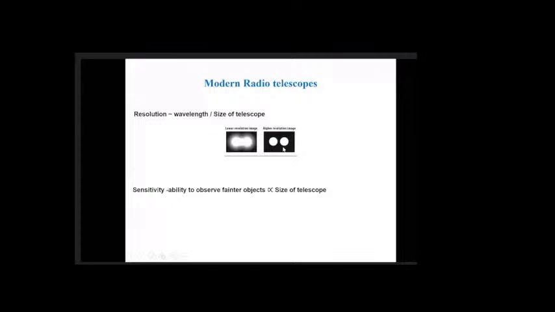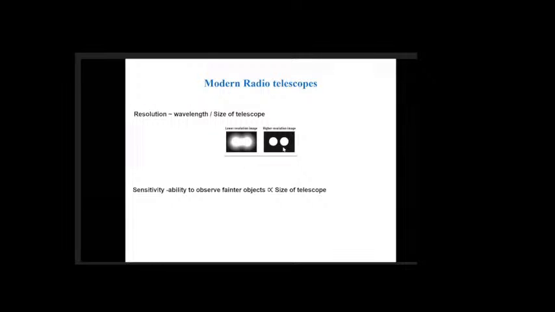And sensitivity is basically how faint an object you can observe. Like, with our naked eye we can observe the sun, the moon, and some other objects, right? Not fainter objects. But with a bigger telescope, you can observe much fainter objects like supernovae and all these things. So you need a higher resolution and a higher sensitivity.